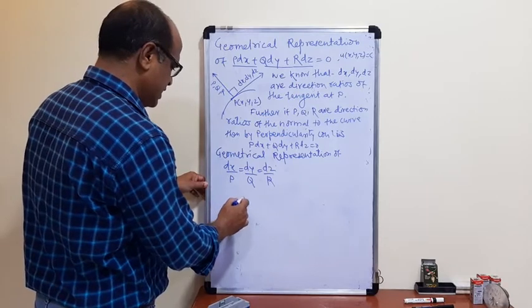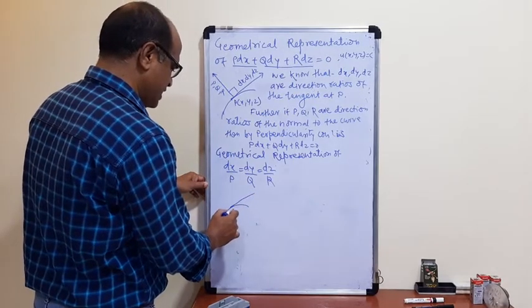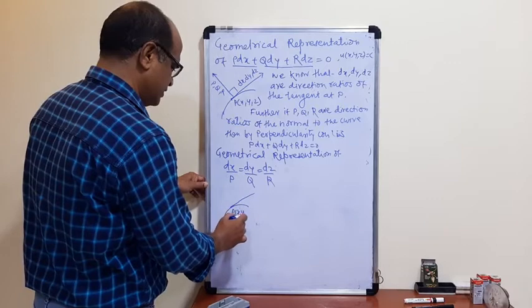The curve here, and this is the point P(x, y, z) on the curve.